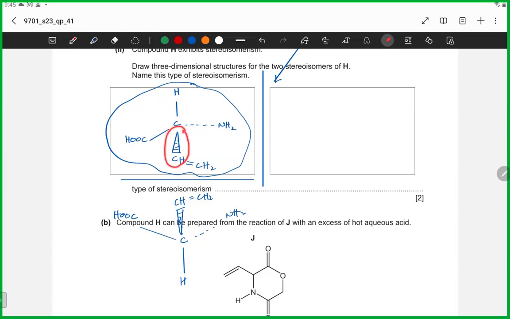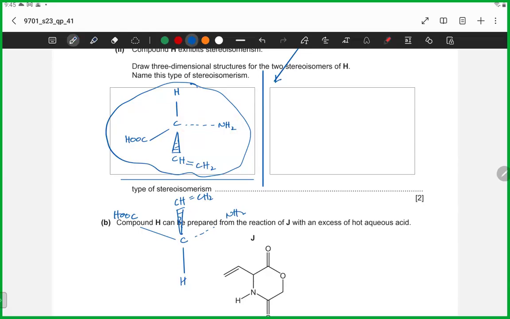Achha, so in that situation, this thing is going out of the page, right? So imagine if you're standing in front of the mirror. This particular bond over here will be going into the page. And this one is going into the page. So in the mirrored version, it's going to be going out of the page.